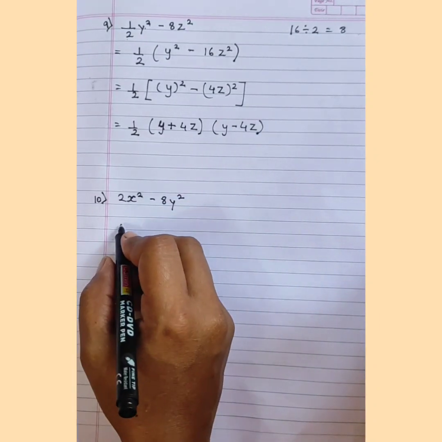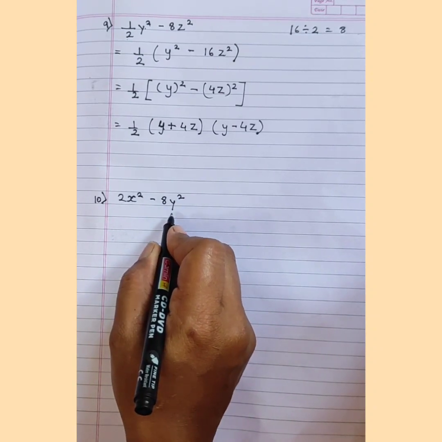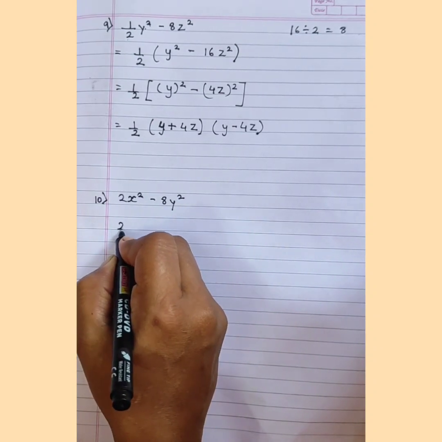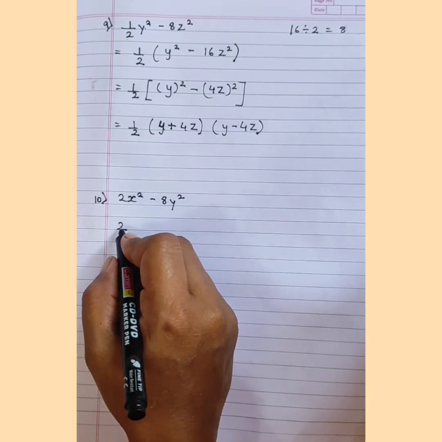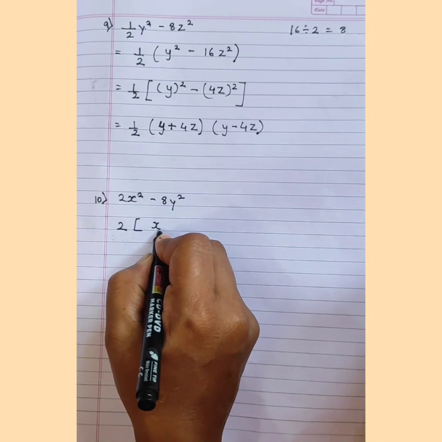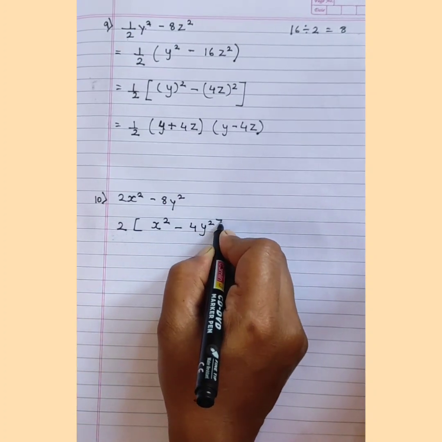Now coming to the next question, that is 2x square minus 8y square. Now here we have to take 2 common out, because 2 and 8 are both divisible by 2. So 2 in the bracket you write x square minus 4y square.